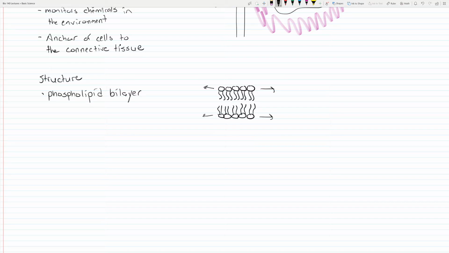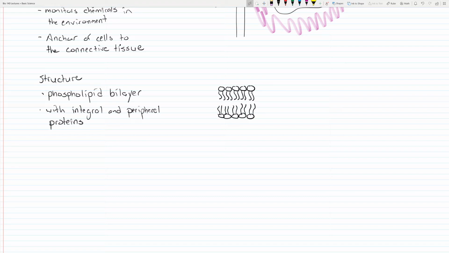Embedded inside of the phospholipid bilayer, we have many integral and peripheral proteins. So what an integral protein is, let me erase some of these arrows. An integral protein basically goes completely through the membrane.